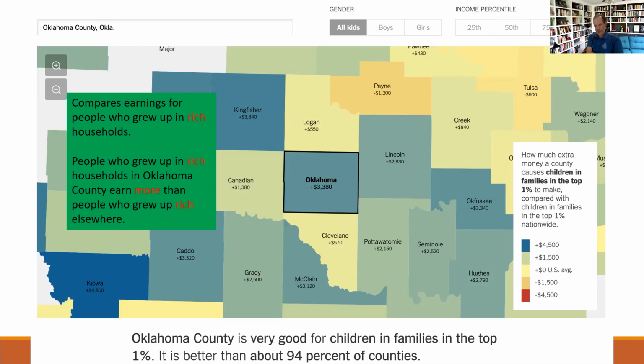So if you're born wealthy, you're going to do even better than other people who are born wealthy in other parts of the country. So your outcomes might differ depending on where you're born, right? And so Oklahoma County is good for children from families in the top 1%. It does better than most counties around the country.